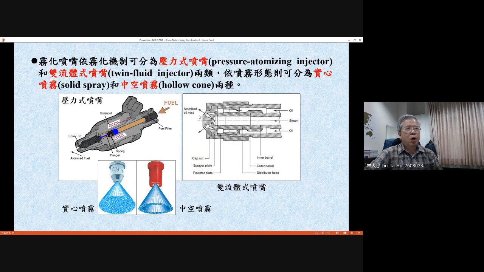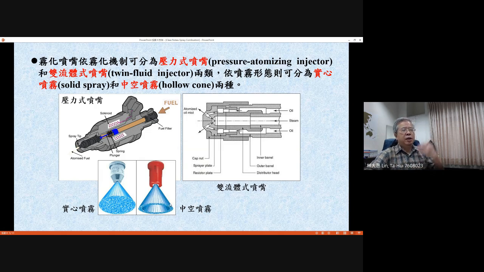But the hollow cone means all the droplets will concentrate and accumulate around the periphery of the spray cone. If you take cross sections, you will find there is a ring that contains the droplets. But in the interior, the center region of a spray cone, there may not be too many droplets. They may have just a few, but it is almost empty of droplets.